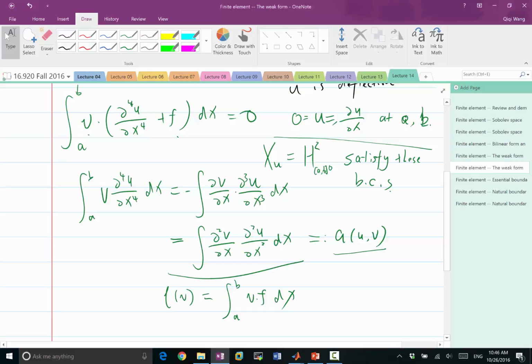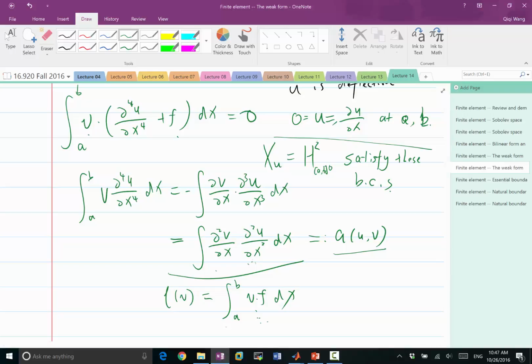Okay, and we can use finite elements to solve this. In this case, we notice that piecewise linear functions don't work anymore because piecewise linear functions are not in H2, right? So we need to use some kind of piecewise quadratic function. We're going to use the piecewise quadratic functions to construct the matrix Aij and the vector Bj by evaluating the bilinear form and linear functional on the basis functions.